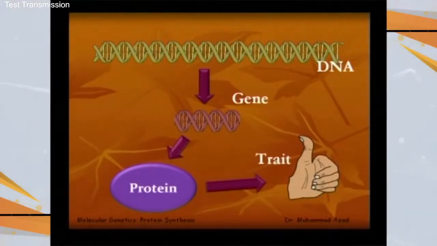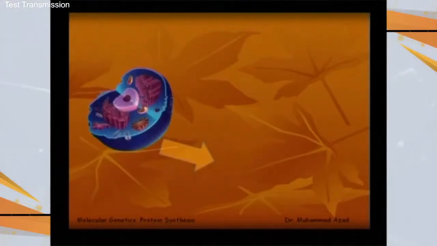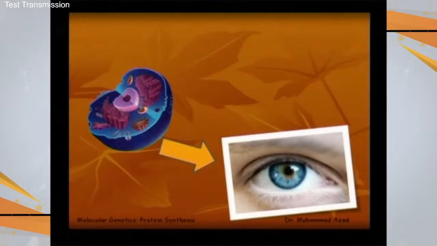Let's say in the case of the hand, a specific feature of the hand is given by a gene. So the code is there within the cell, in the nucleus, and this code is expressed in the form of genes. Gene expression gives the color of the eye, the blue color of the eye. So traits are controlled by the expression of genes.